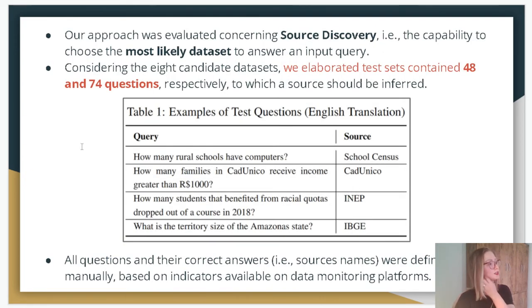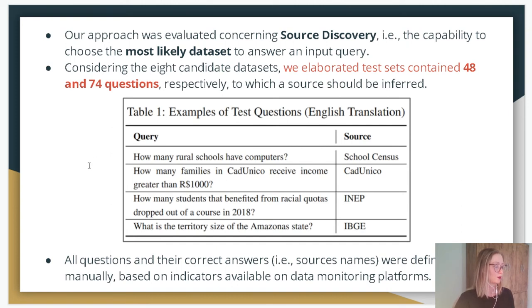And just recalling, our approach was evaluated concerning source discovery, the capability to choose the most likely dataset to answer an input query, and considering the 8 candidate datasets, we elaborated test sets containing 48 and 74 questions respectively, to which a source should be inferred.